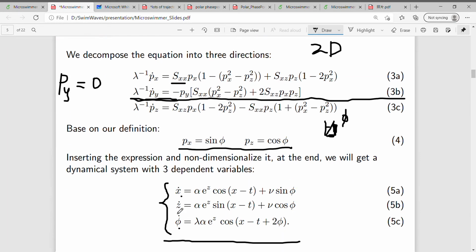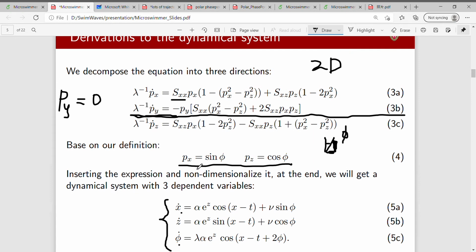Based on our definition, we have px equal to sine phi and pz equal to cosine phi, because we want to do this substitution so that we can decrease the number of unknowns. Because we define the angle phi in this direction, so this is angle phi, from 0, and this component will be sine phi instead of cosine phi.